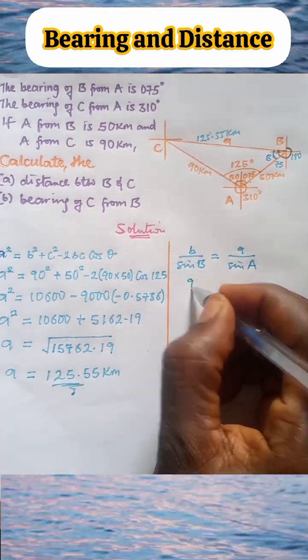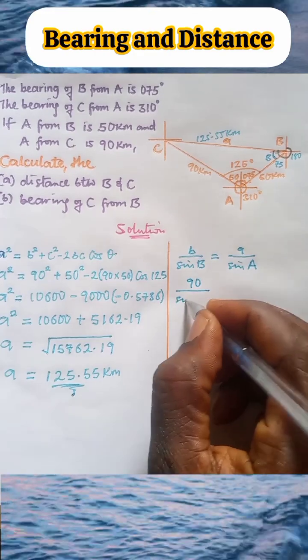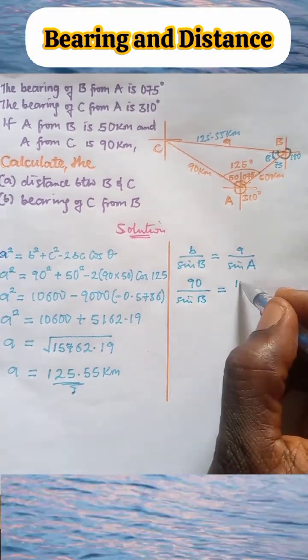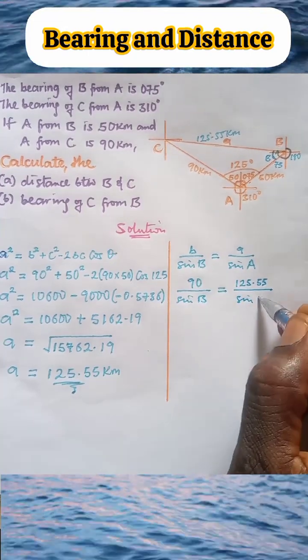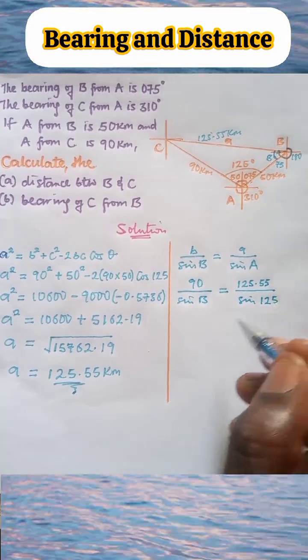And we have that B is 90 over sine B, equals A, which is 125.55 from the calculation, over sine A, which is sine 125.